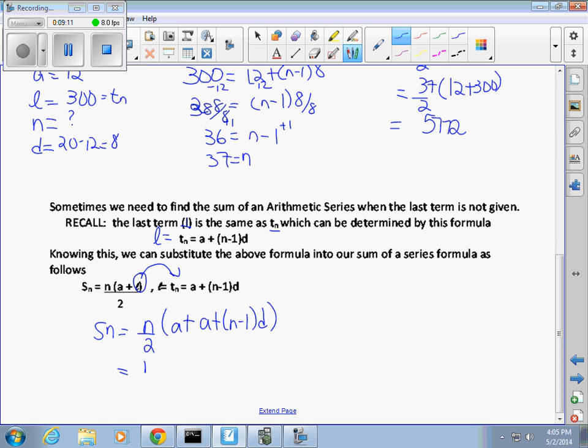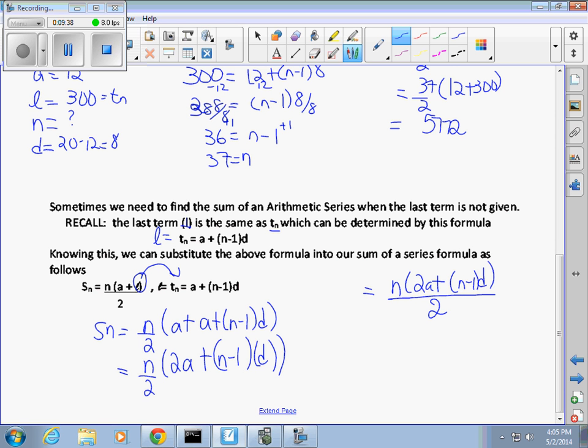So if I collect some like terms here, I have a plus a, so that gives me 2a plus n minus 1 times d. Okay, this can also be written as n times 2a plus n minus 1 times d, all over 2.